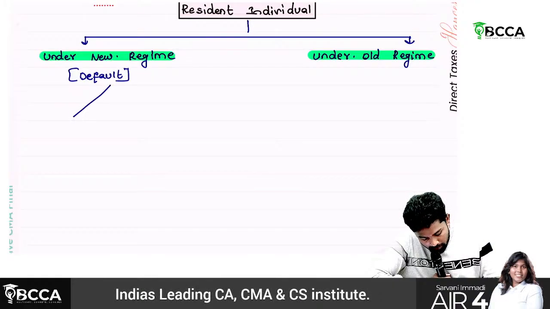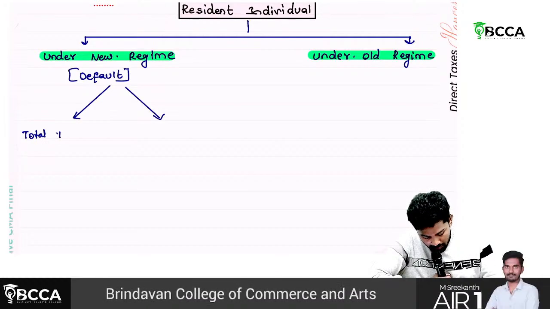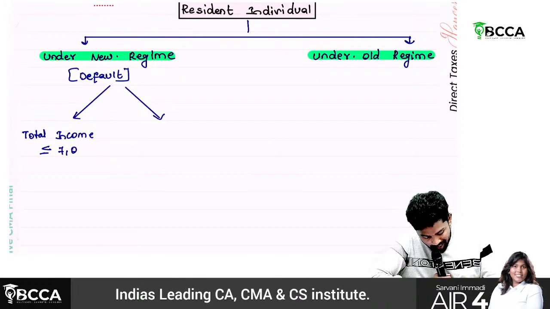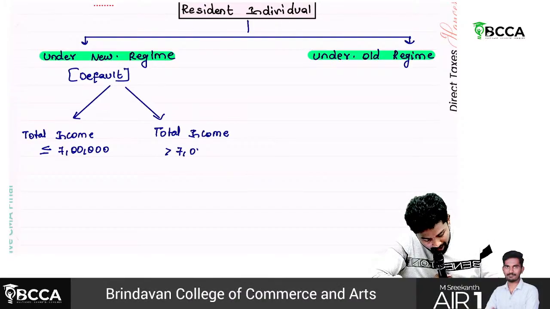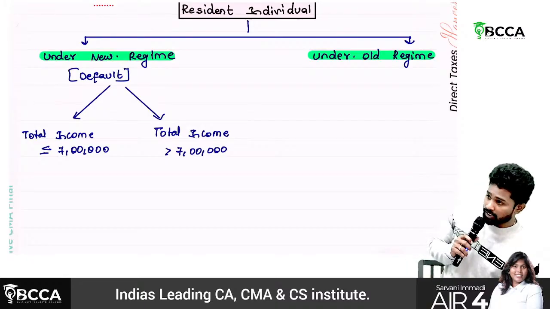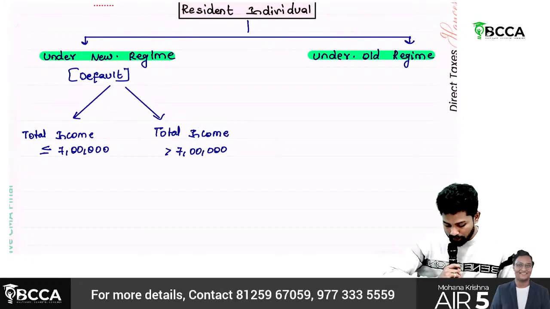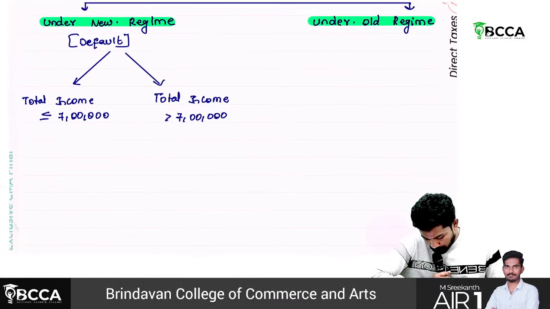Under the new regime, two branches, sir. Total income less than or equal to 7 lakhs, and the next one, total income greater than 7 lakhs.